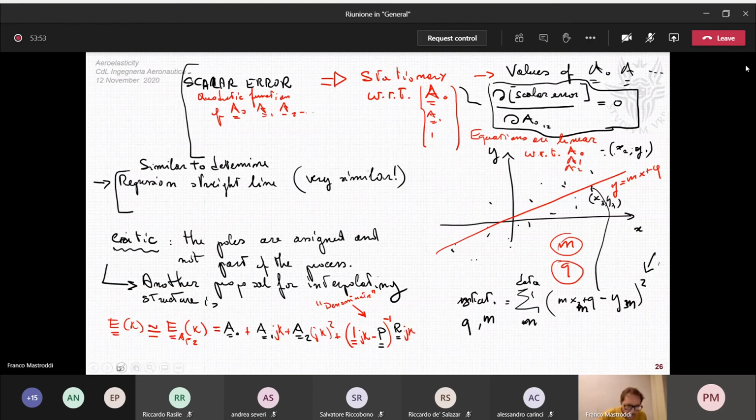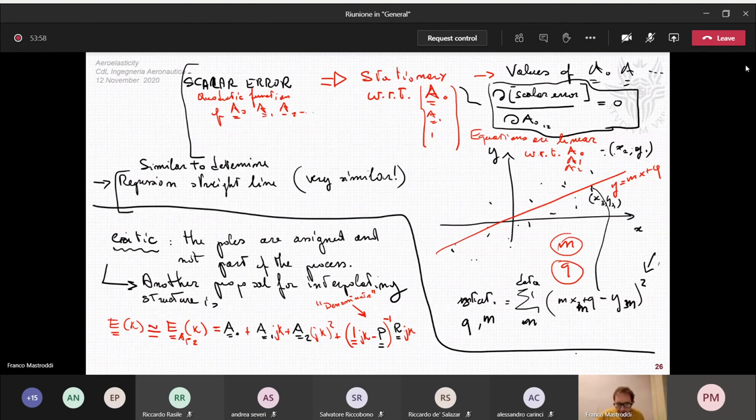Okay, so this is my new proposal for our interpolating structure. We have this part which is the same, and here we have a matricial form of something like this: R, S the Laplace variable, divided by S minus P. So S is the Laplace variable, a fraction with a number at the numerator R and a number here representing the pole of this fraction.